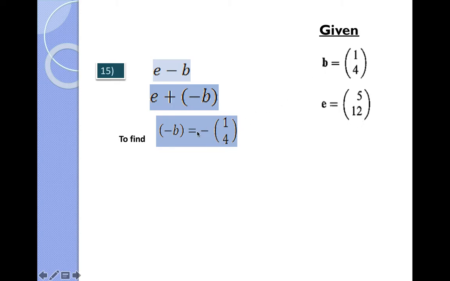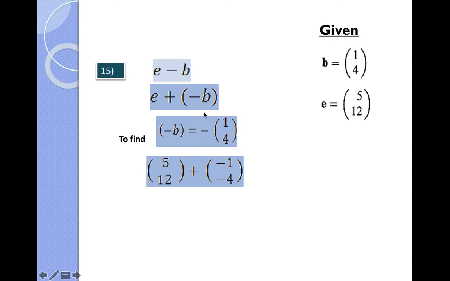So when you add the negative of b, I told you previously, the column vector for b in this question has positive x and y components. When it is negative b, it becomes negative 1 and negative 4.